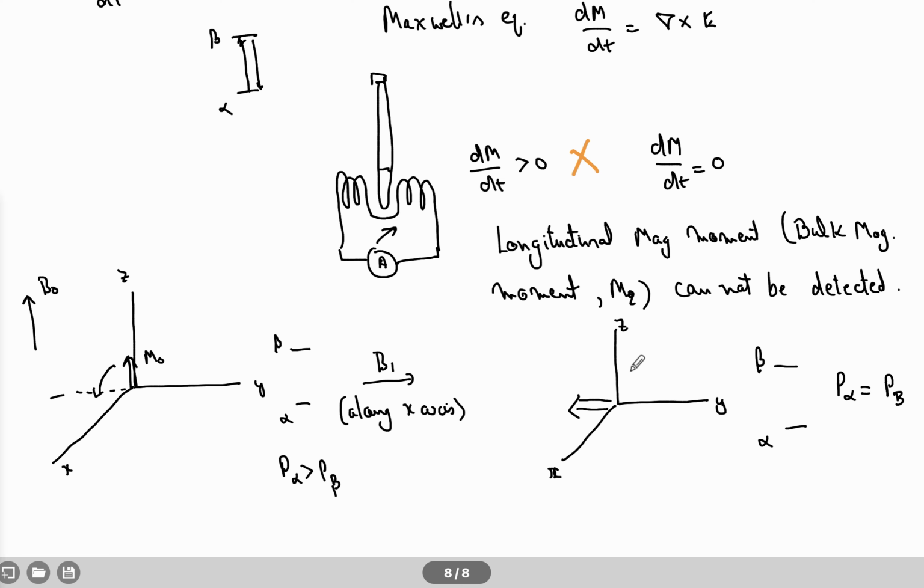And you can also imagine that if I take this all the way down, I can apply the RF pulse long enough so that the magnetization actually goes down, right? In that case, if the magnetization is down along the minus z-axis, then my P alpha will be less than P beta. So this is the case of population inversion.